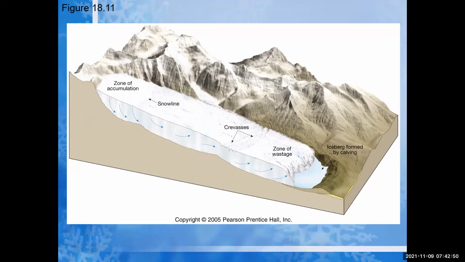If we imagine that this glacier was not here, and we had this zone of accumulation, snow would pile up there and it would become ice. With the filling of this zone, you start to have enough force to actually drive the glacier down slope. The frozen water that these glaciers are made of generally has what's called a high albedo.